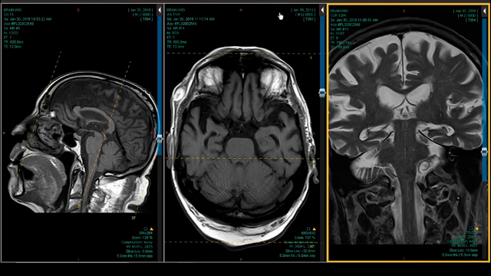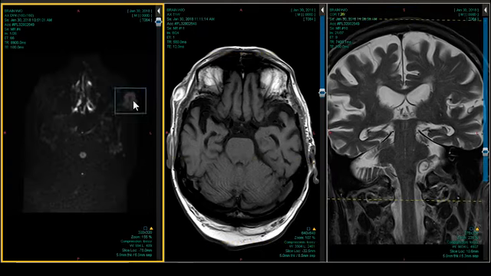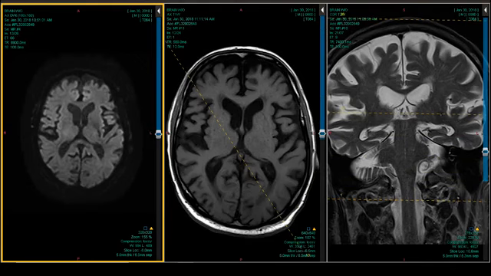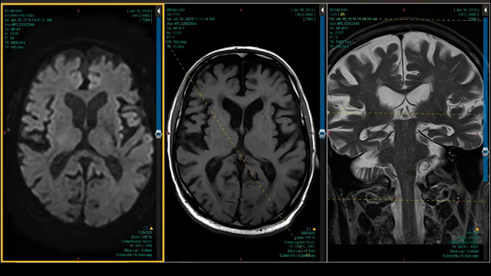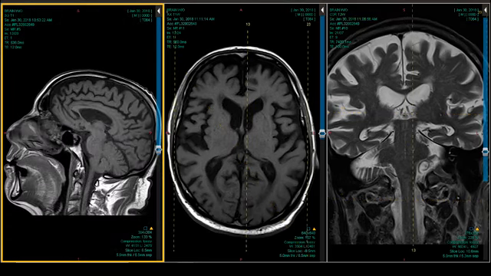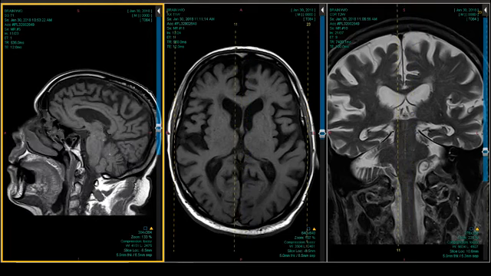Now, this time it would have been lovely to have a coronal flare, and I'm trying to see if I have a 3D flare. I don't. I have a diffusion image on the far left, an axial T1 in the middle, and since it's a dementia case, I'm just going to have a look at the posterior fossa.